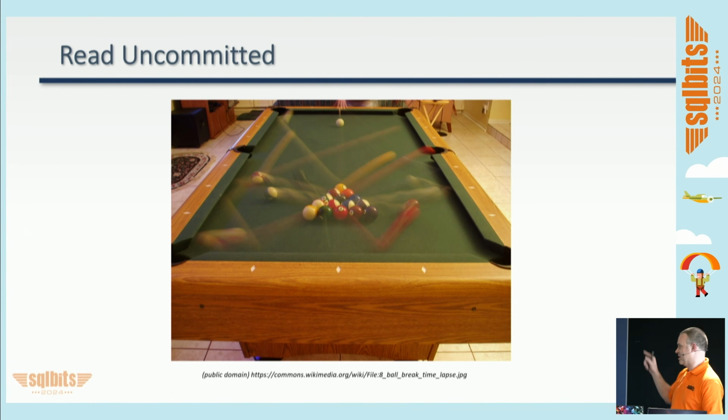There was never a point in time where the balls were sitting there racked up perfectly and they were flying around. That's not possible. Physics won't allow that. But because this picture was taken over a period of time, it's what it shows. So this is kind of like read uncommitted. Because it can return results that were never actually committed, it can return something that was never true.